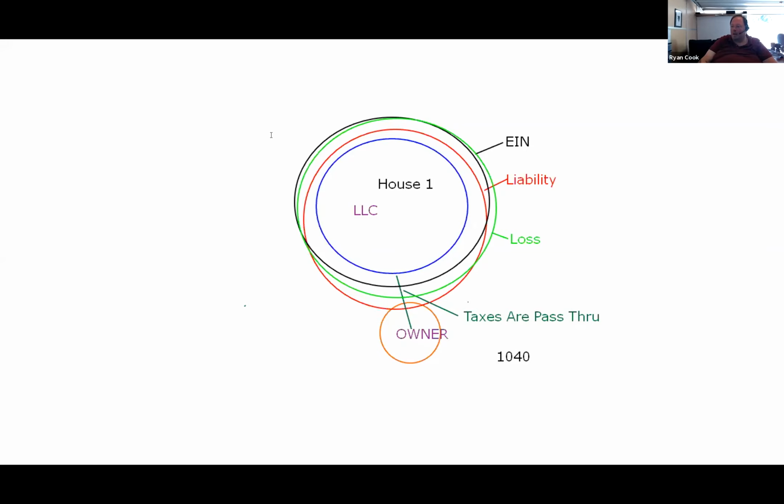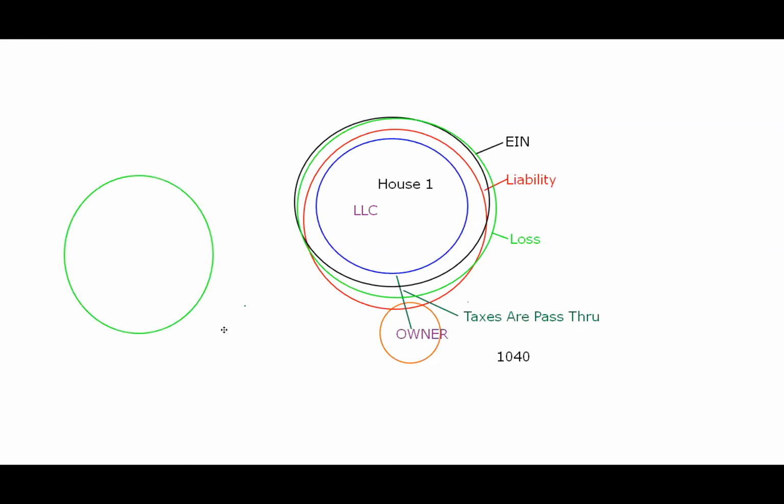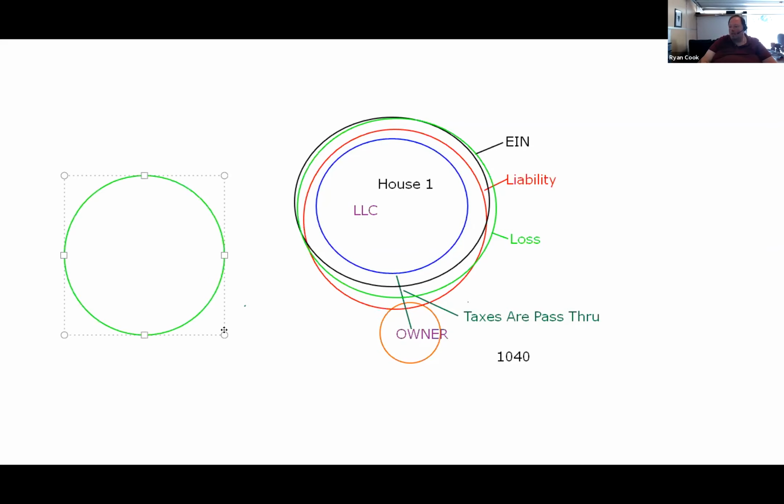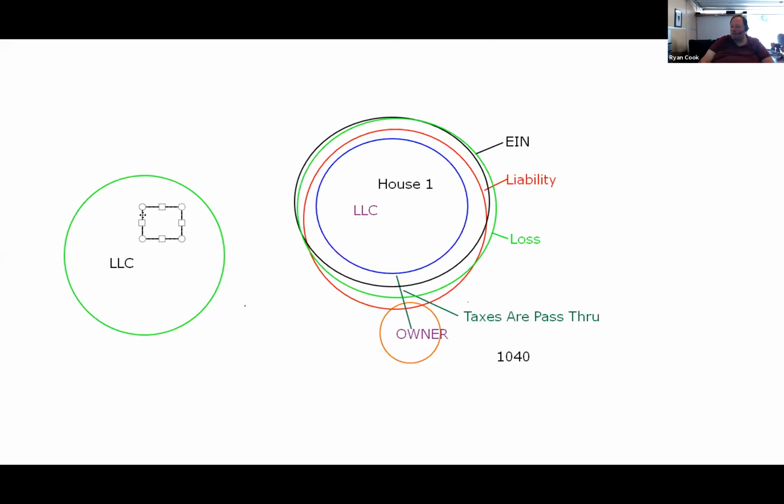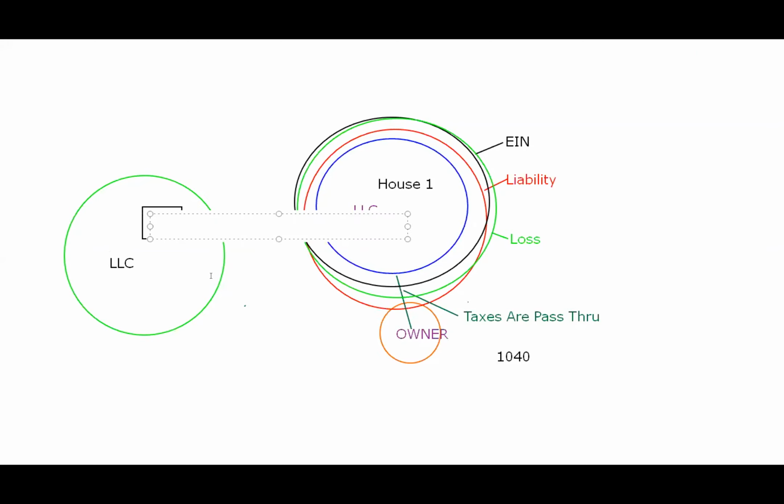Because remember, right now, if we do this the other way, here's the LLC, and we're just going to draw this kind of off to the side here. This is the LLC, and this is the asset.